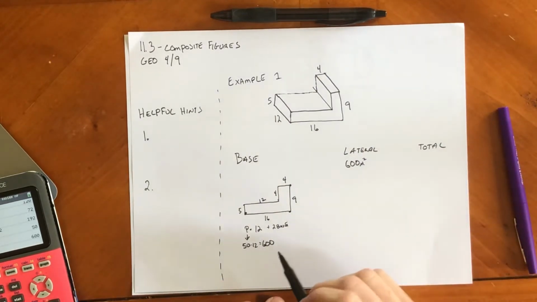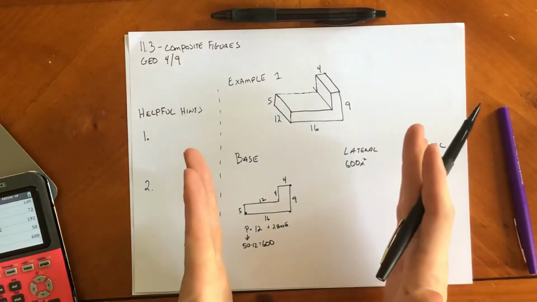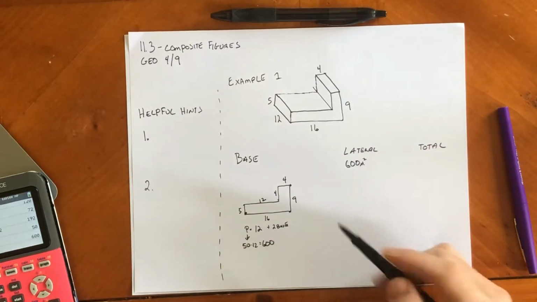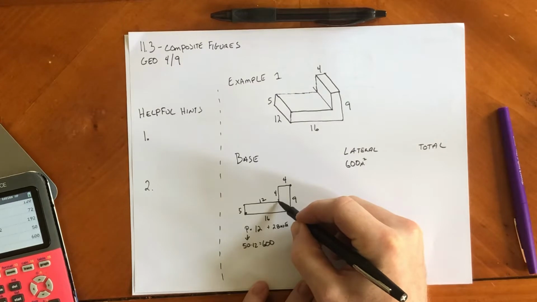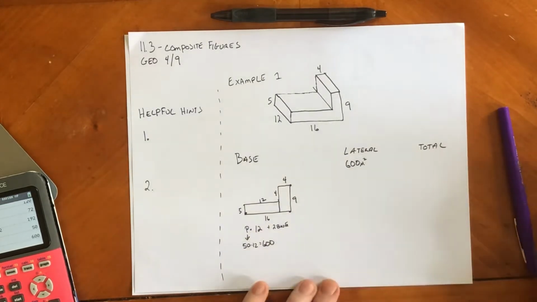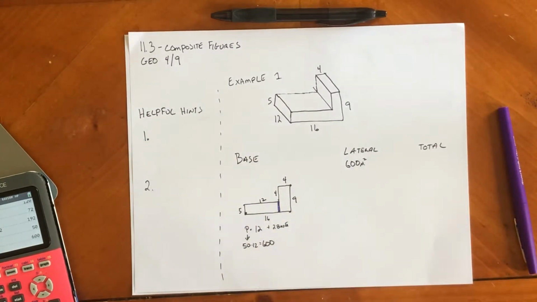Okay, now to find the total, what we need to do is find the area of the base, and then think about how many bases you have. So the bases are going to run parallel to each other, so each L is going to be a base, right? You can do this a couple different ways. You got to cut it somehow. I'll cut it like this, right? So the base is just going to be two rectangles kind of put together.